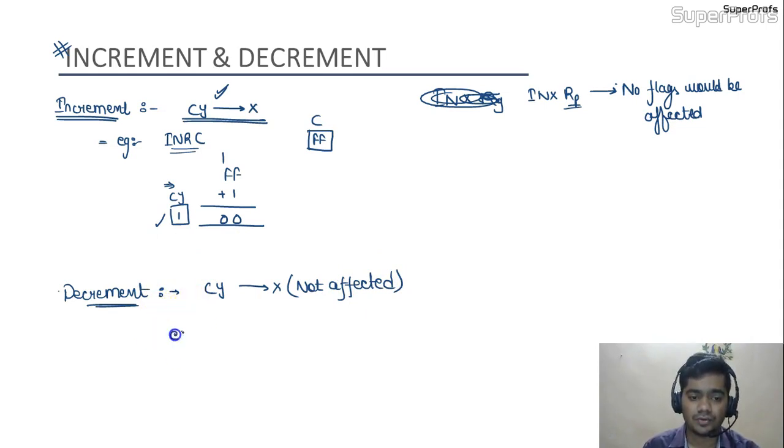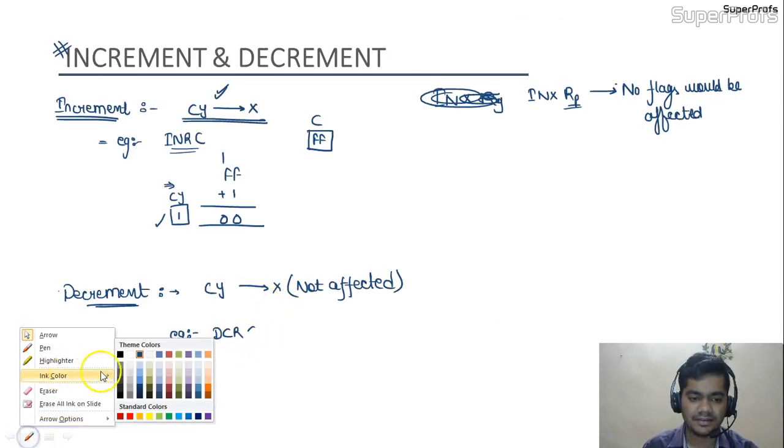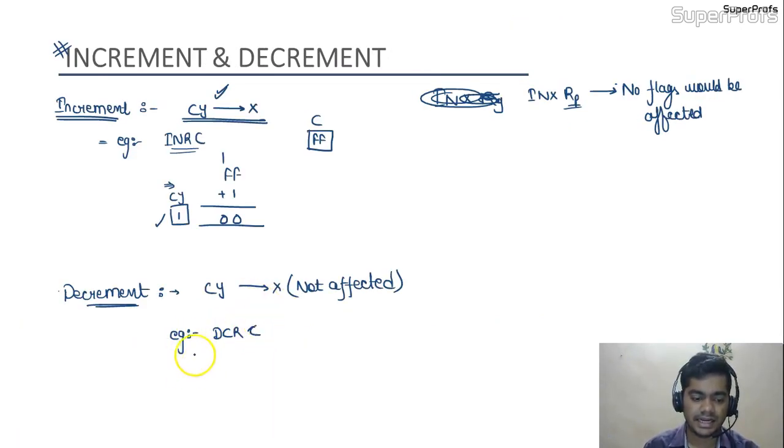But if we want to understand this instruction analytically, we can write DCR C, where suppose the content of C is 90. If we want to decrement it, we can subtract 1 from it.